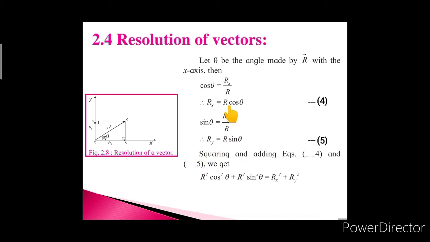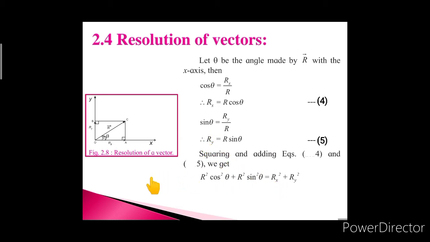So it becomes R square cos square theta plus R square sin square theta, which is equal to Rx square plus Ry square.